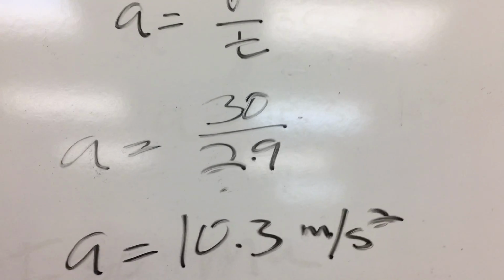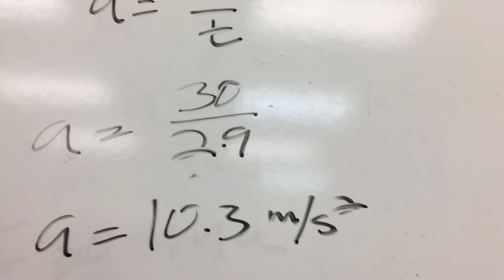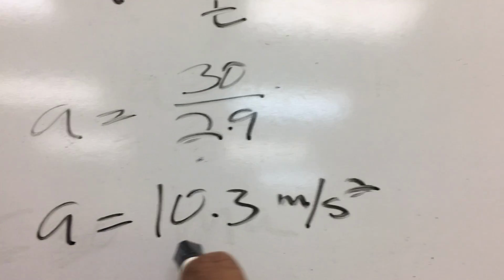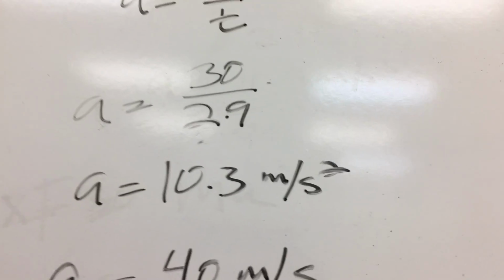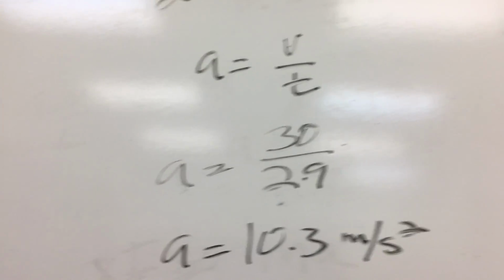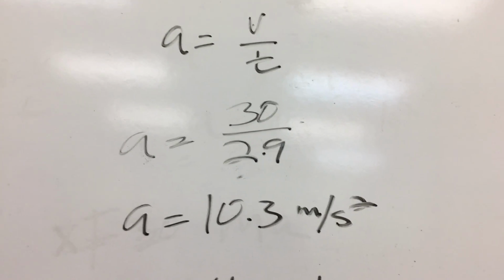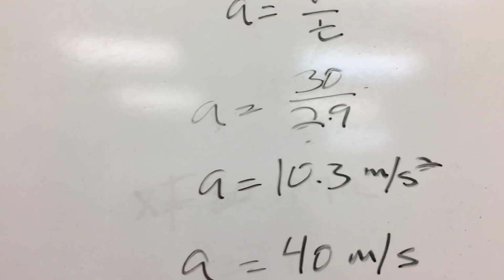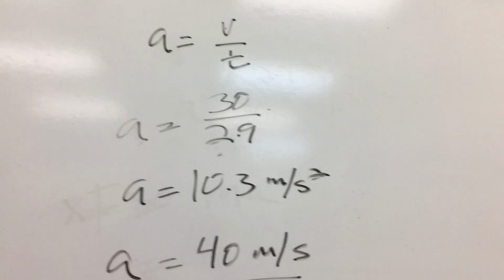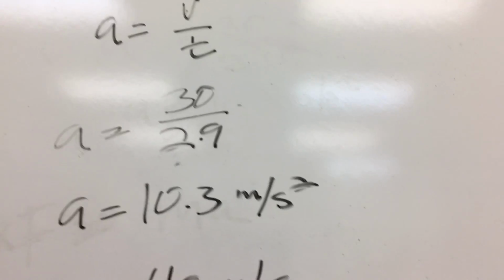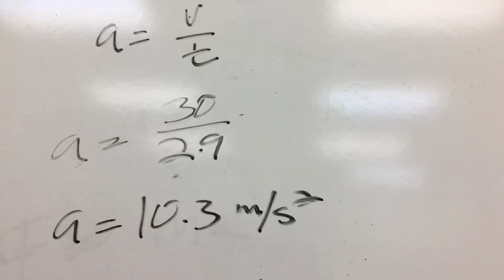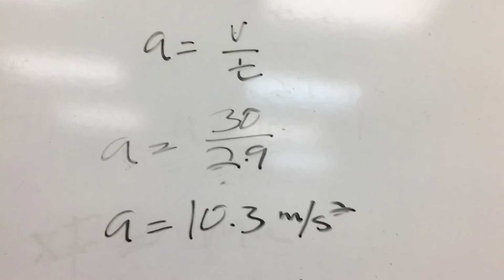And that gives us an acceleration of the bat swing of 10.3 meters per second squared. All right, so if you accelerate the bat before you hit, and then you reach the speed of 30 meters per second, and you have the proper angle, you'll be able to hit the ball out.